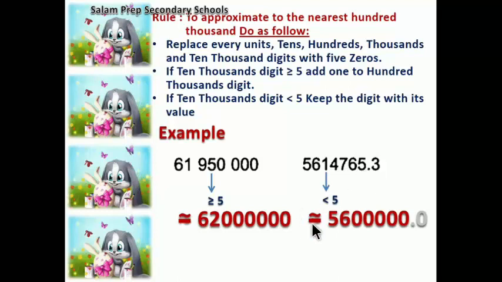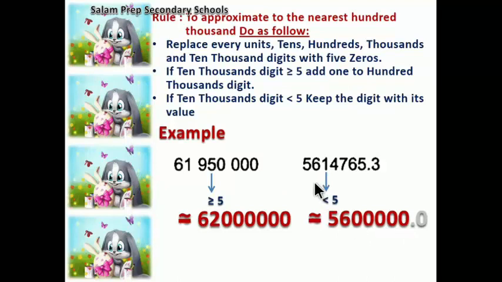5,614,765.3 is approximated to the nearest 100,000. Nearest 100,000 means please go to the 100,000s place. Focus on the 100,000s place. Now write 0 in all places before 100,000s. We will write 0 in tenths in the decimal part, 0 in units, 0 in tens, 0 in hundreds, 0 in thousands, 0 in 10,000s.